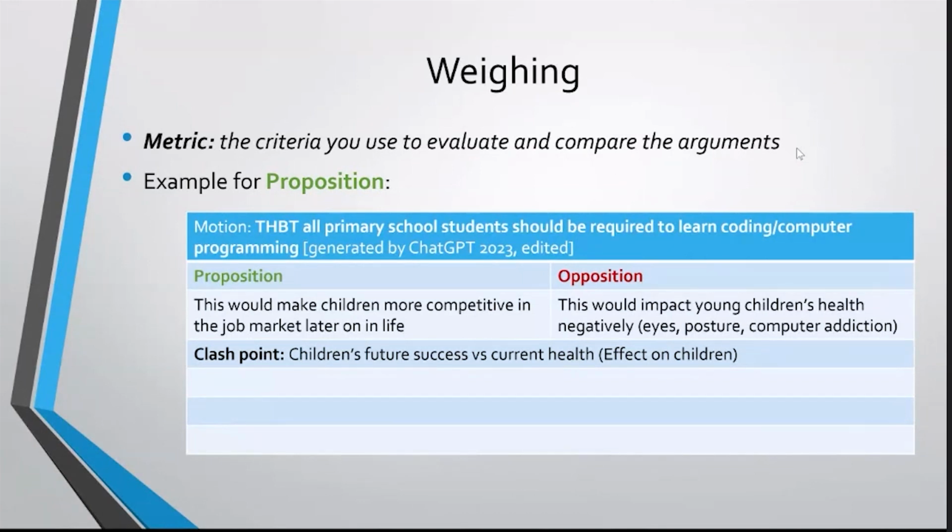If proposition were to make the argument that this would make children more competitive in the job market later on in life, and opposition were to make the argument that this would impact young children's health negatively, so think like their eyesight, their posture, or computer addictions, then we would have a clash point about children's future success versus current health. And the general area, if we consider this to be direct clash, would be the effect on children. So my question for you guys is, can you think of a metric that would help proposition weigh this clash point in their favor?